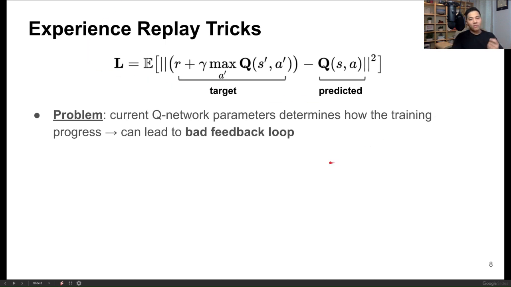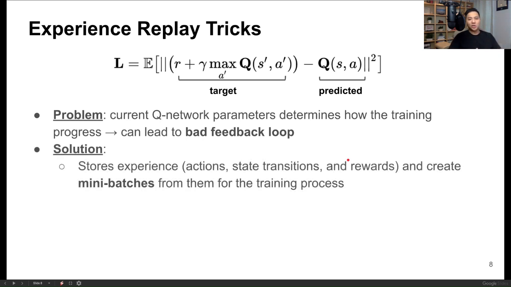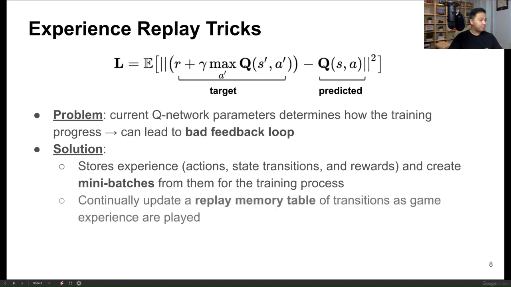So to avoid this problem of a bad feedback loop, what you can do is store the experience. The experience is a set of actions, transitions, and rewards. Then create mini batches from them during the training process. You continue to update what's called the replay memory table. So you can create a replay buffer and keep feeding it game experience as you play.